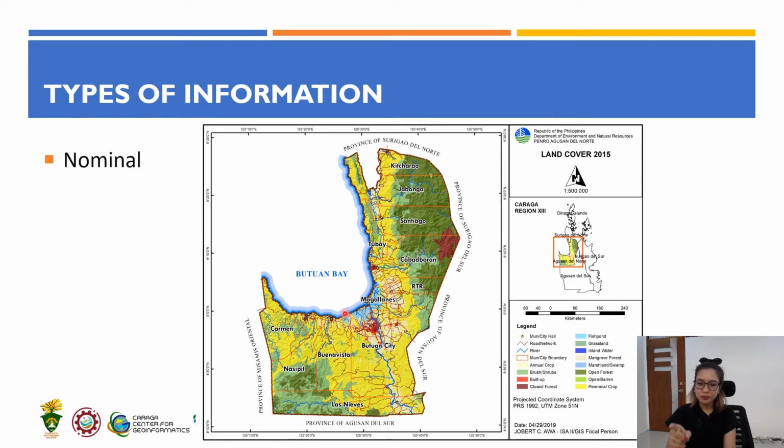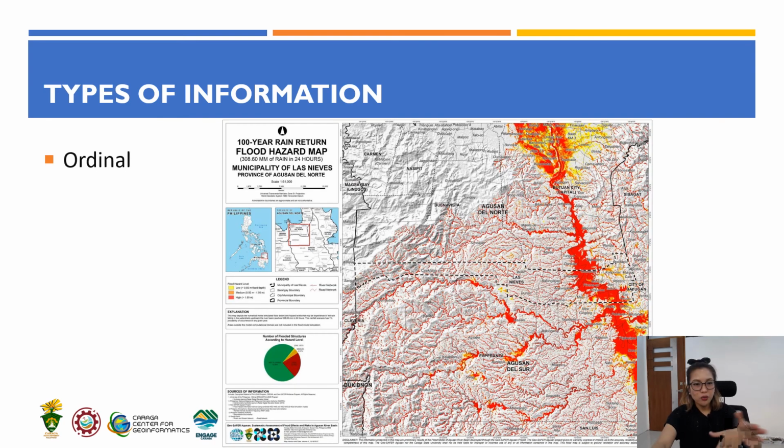And then, another way to validate is that the green one says it's open forest. So probably upstream is still open forest. Closed forest means it's still intact, meaning there is a smaller area here that is closed forest. So on and so forth. And that's how you interpret a map. So how about ordinal?